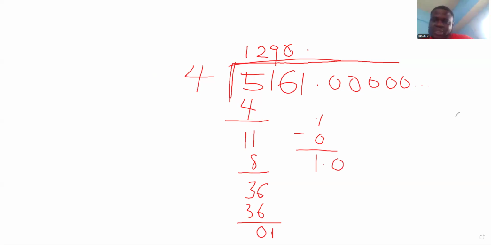Because I have my point here, I'm good to go. 4 into 1.0, I know it is not going to be 1. It will be less than 1. It will be in decimal form. So that is why my decimal point is there. I can picture this as 10. 4 into 10 is 2. So this means that 4 into 1.0 is 0.2.